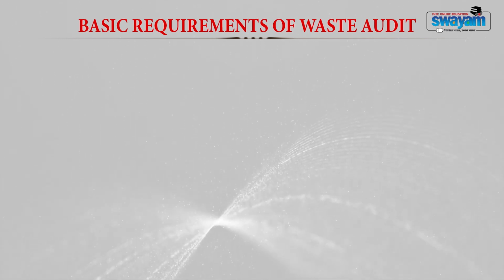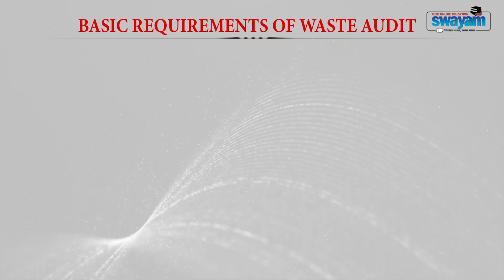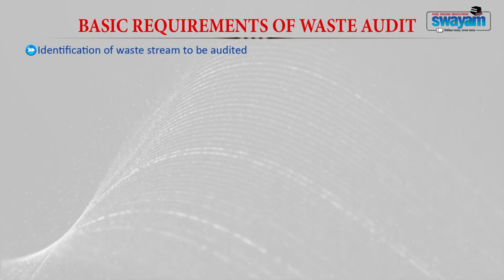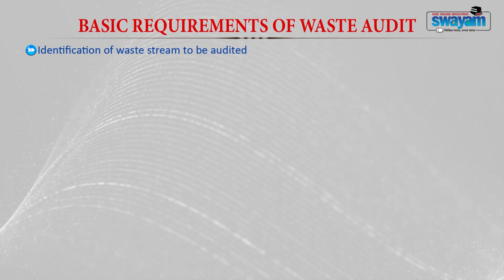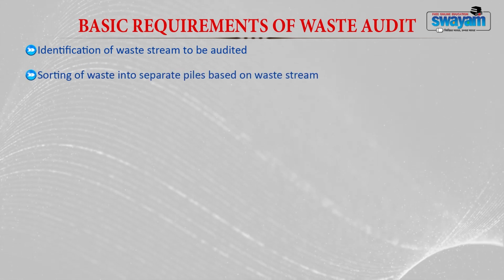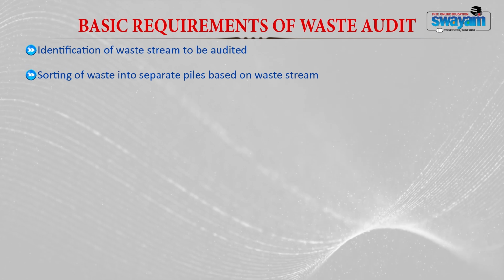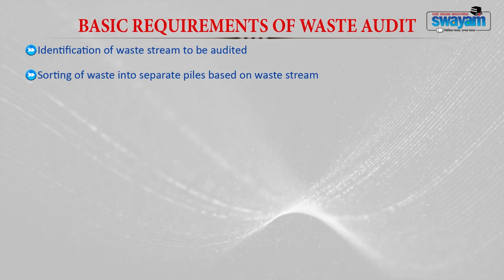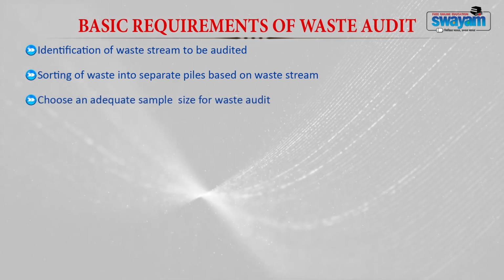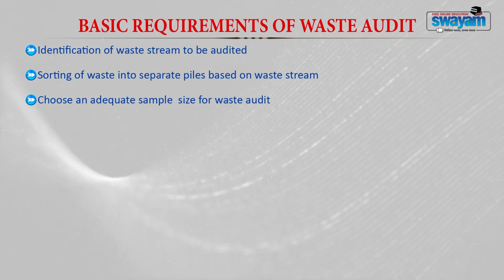These basic requirements of waste audit include identification of the waste stream to be audited, sorting of waste into separate piles based on waste stream, and choosing an adequate sample size for the waste audit.